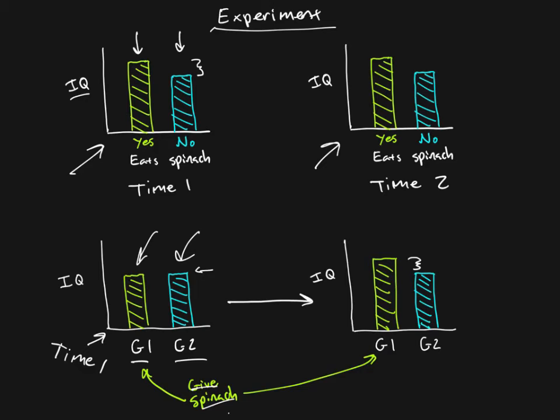So that is the key thing. Having groups that are about the same to begin with, manipulating a variable deliberately to change it, and then observing that the change causes a subsequent change that you're able to detect in the other variable. That's the point of an experiment. That's how you show that one variable causes another.